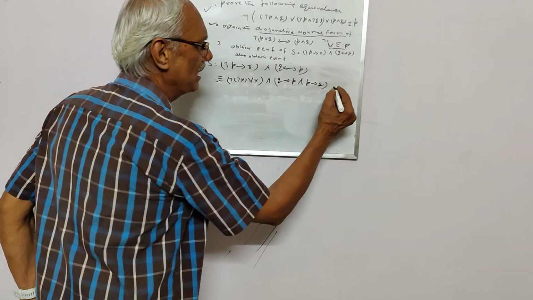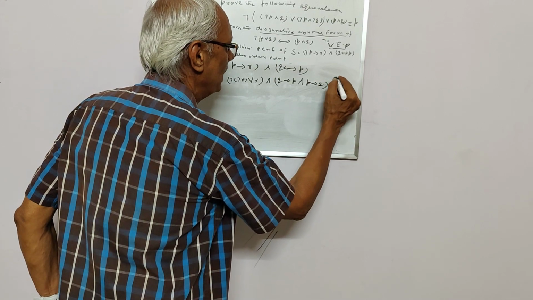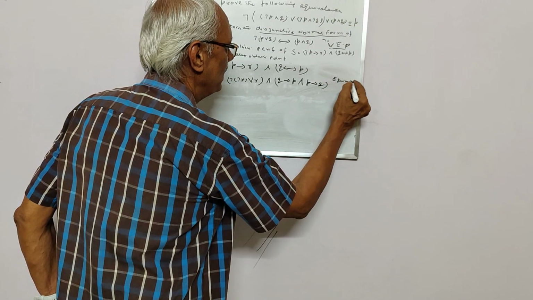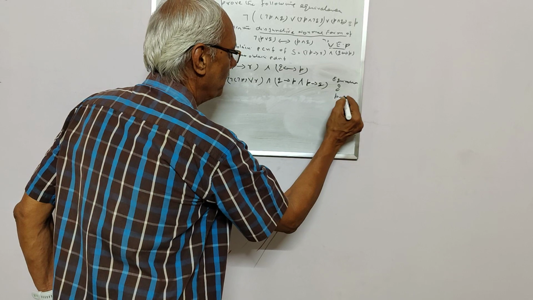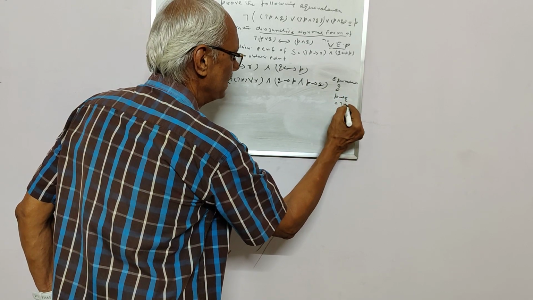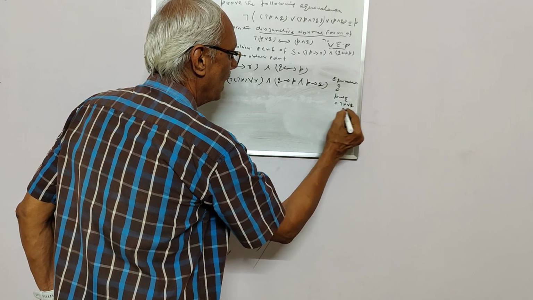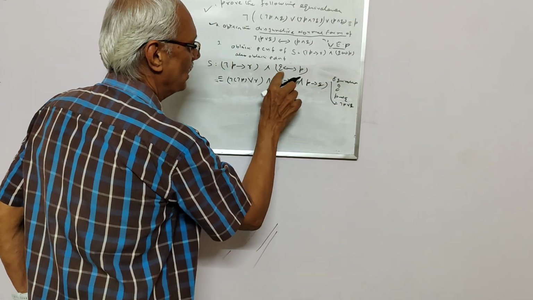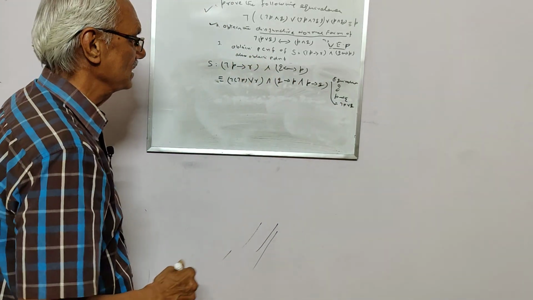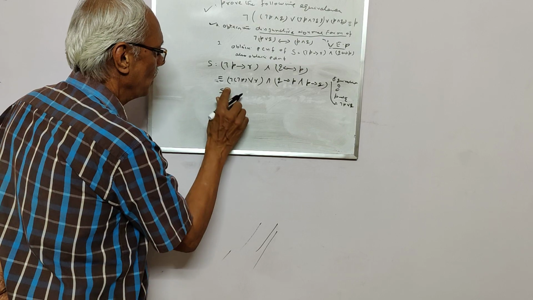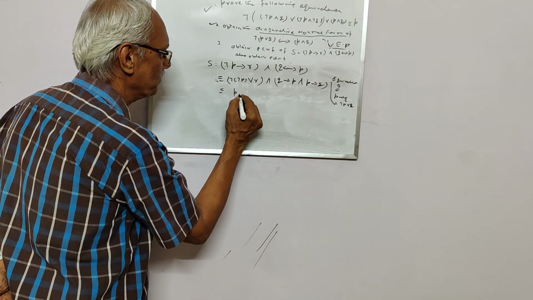So what have I written here? Here I have used the equivalent of P implies Q is equal to negation of P union Q. And here I have used the equivalent. What is the equivalent of this? This is the equivalent of this. Then you change this. What is negation of P? It is P.